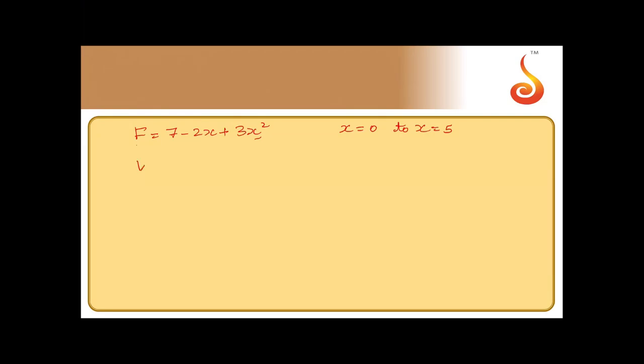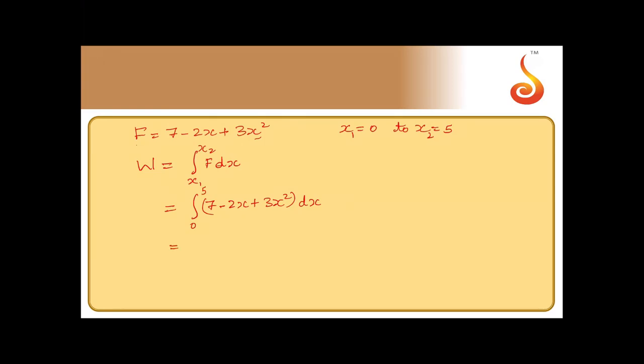When it is variable force, work done is given by integral f dx from x1 to x2. So here x1 is 0, x2 is 5. That's the limits. So now substitute for f and integrate. 7 minus 2x plus 3x square into dx from 0 to 5.